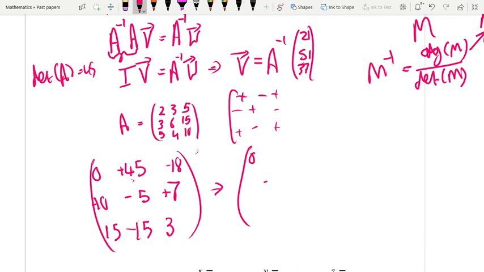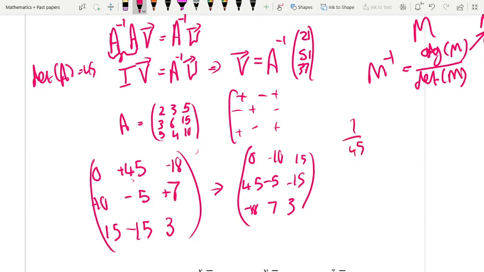So the main diagonal is invariant. 45 goes down here. Minus 10 goes here. Minus 18 goes here. 7 goes here. Minus 15 goes here. And 15 goes here. So let me check. 15, 15, 7, 3, 45. Minus 10, I think that's right, and we do multiply this by 1 over 45.